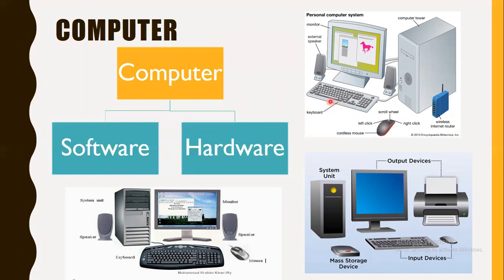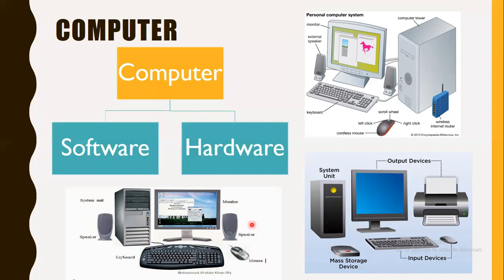Here in this picture, you can see that we have attached speakers, keyboard and mouse. So we can call these devices collectively peripheral devices. Here is another picture of a computer machine. Some other peripheral devices are attached to the computer machine.